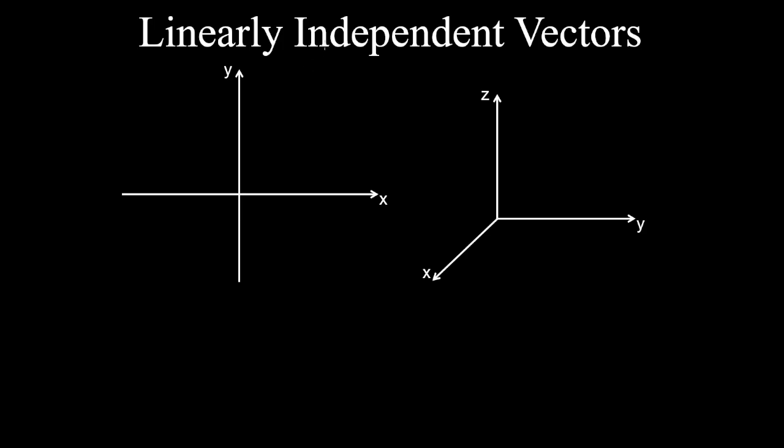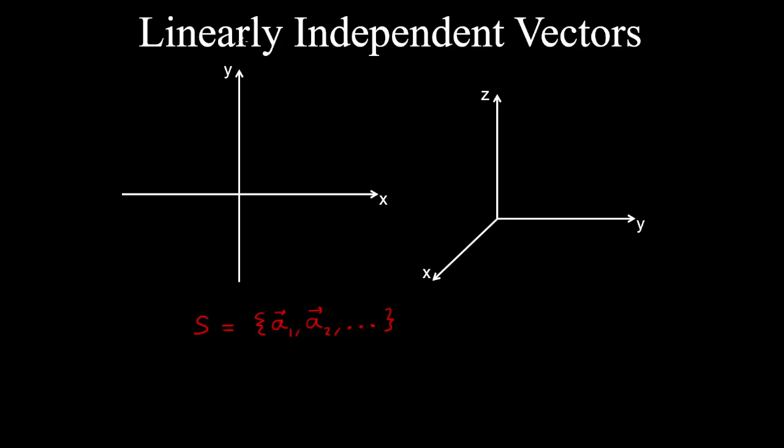Now another way we can look at linear independence is if we suppose that we have a set S of two or more vectors, for example, A1, A2, and so on.